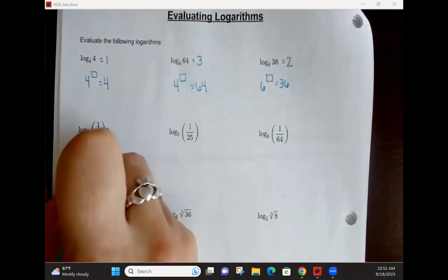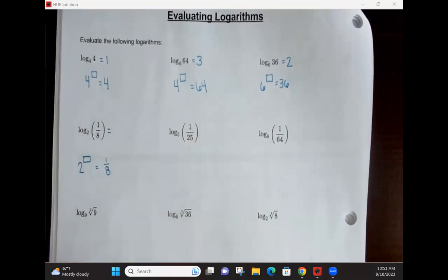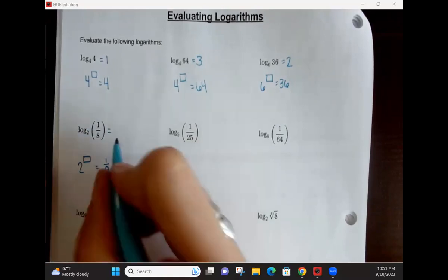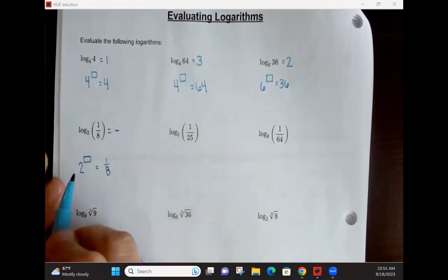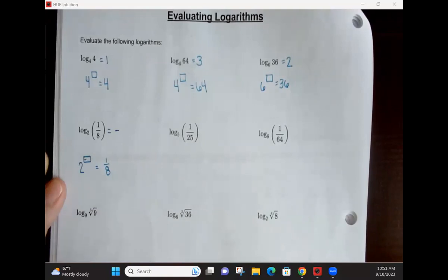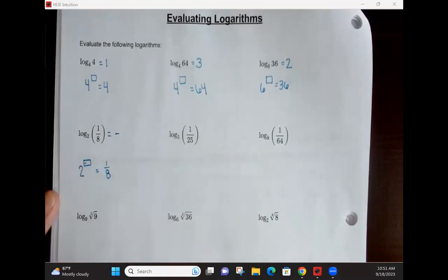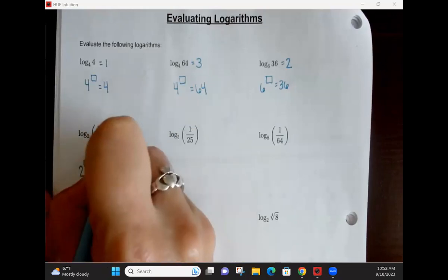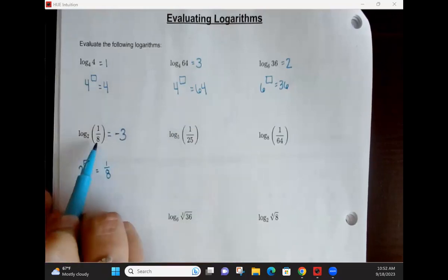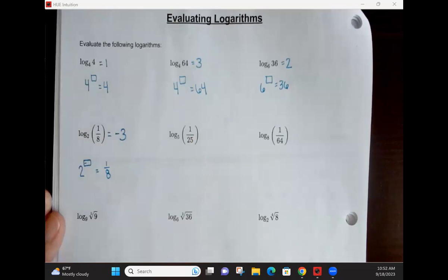So what kind of exponent tells me to flip? A negative exponent tells me to flip. So it has to be negative something here. And then 2 to what power would get me to 8? 2 to the third power, right? 2 cubed gets me 8. So log base 2 of 1/8 would be -3.